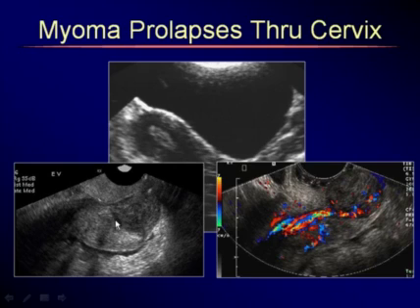So this can be completely unexpected. And that is one of the reasons why the cervix has to be looked at separately from the rest of the corpus, because you could easily miss this protrusion if you do not include the entire cervix in your transvaginal image.